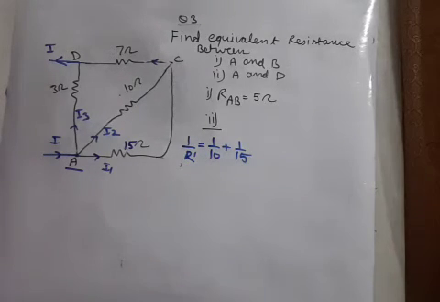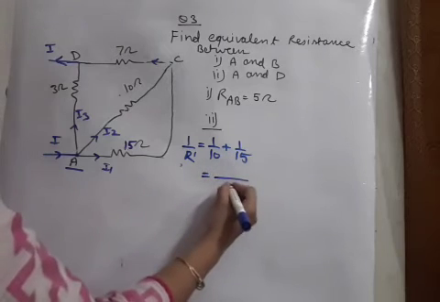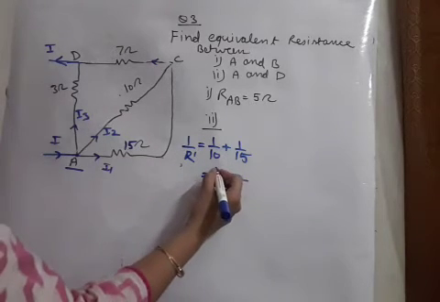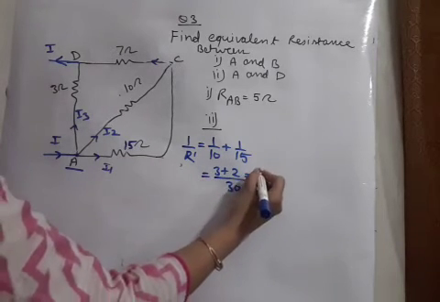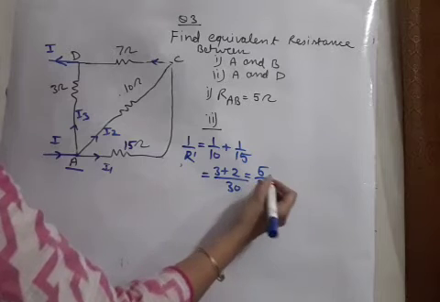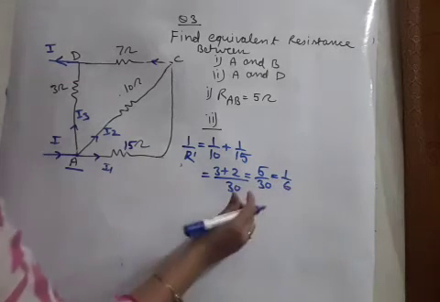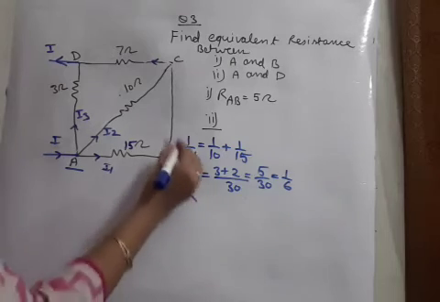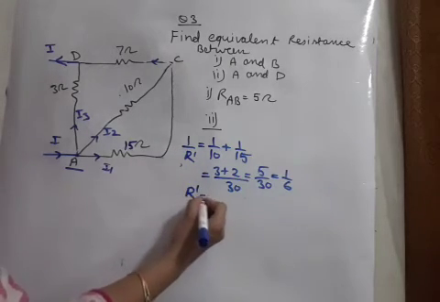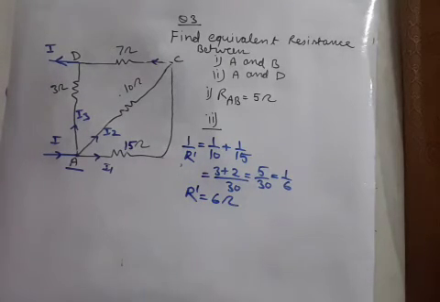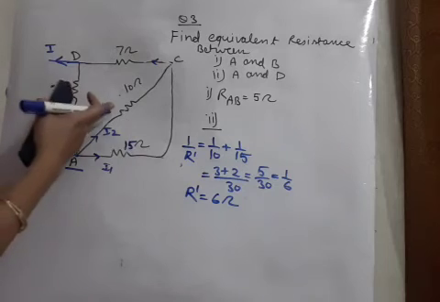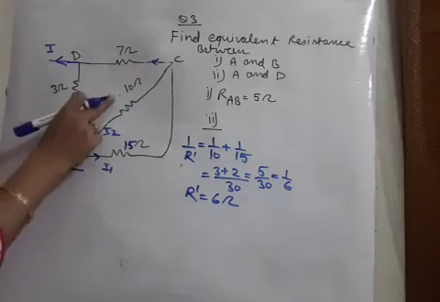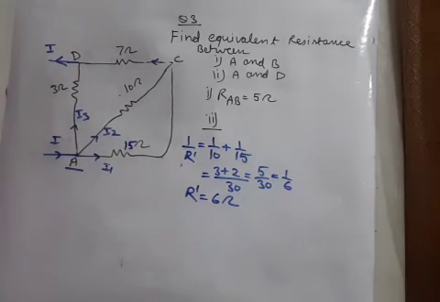So we have added reciprocally. LCM is 30. So the final answer is coming 6. So 1 by R dash is 1 by 6. So R dash is 6 ohm. That means the answer of these two, 10 and 15 resistance, is 6 ohm.